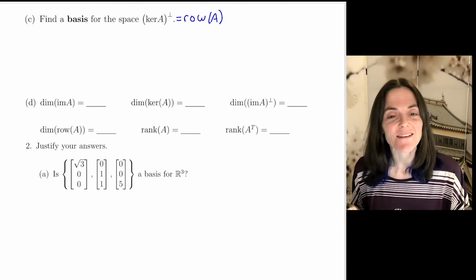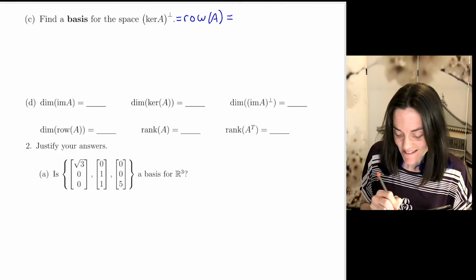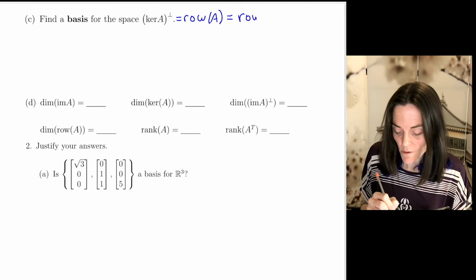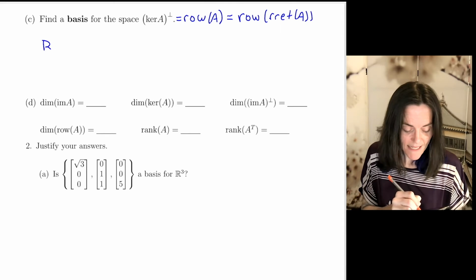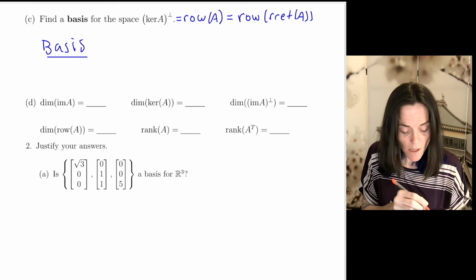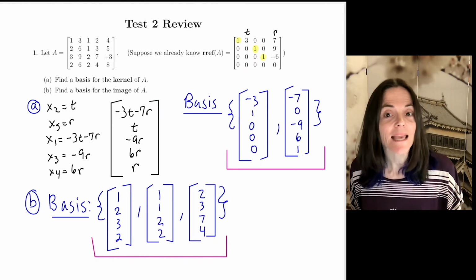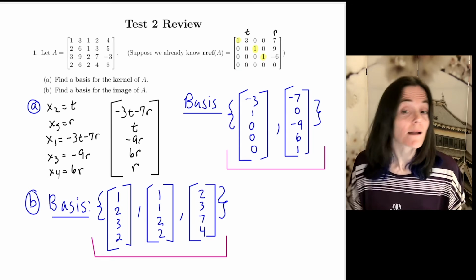So what this is asking for is a basis for the row space of A, but this is also equal to the row space of the reduced row echelon form of A. Let's just write down a basis. Once we go to reduced row echelon form, I can just pull off the non-zero rows.